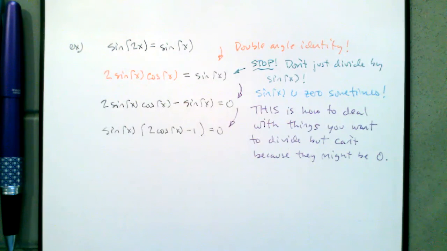You put it on the other side of the equation, you factor it out. And you say, what happens if that thing is equal to 0? Because now we have a product that equals 0.